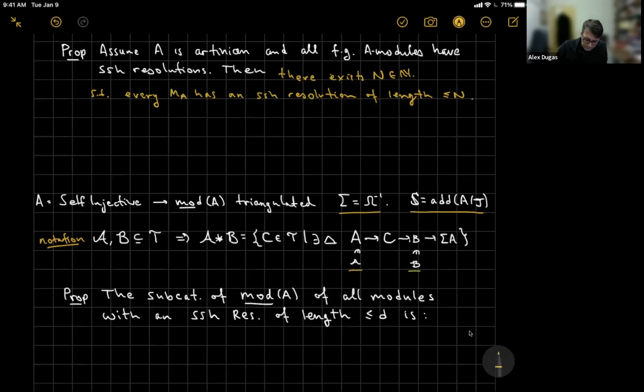So using this, we can give a very nice characterization of the subcategory of the stable category of all modules with an SSH resolution of length at most D. It's going to be this sort of extension category, starting with sigma^(D+1) of S and all the way down to sigma squared of S. Let's call this X_D.